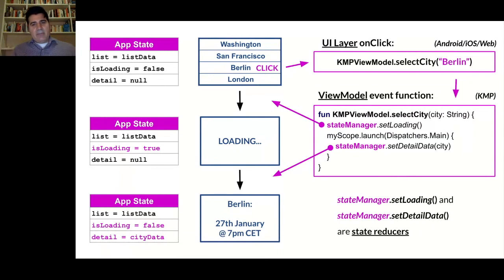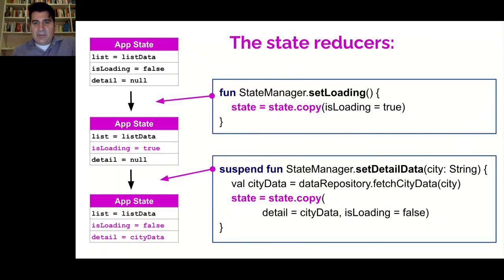So, seeing in more detail the state reducers we just mentioned: set loading, using the Kotlin copy function, simply triggers this modification of isLoading, without any access to the data repository. It's just a matter of flagging one variable, no other input needed in here.